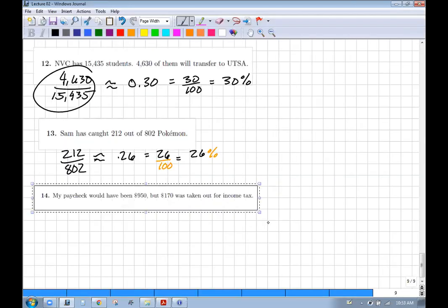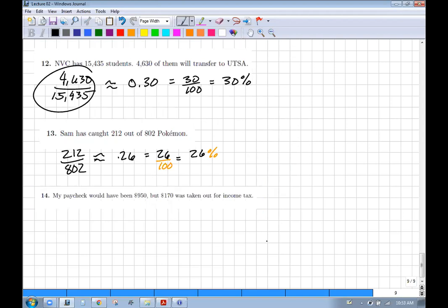My paycheck would have been 950, but 170 was taken out for income tax. So 170 out of 950. So let's see what kind of taxes he's paying. What percentage? 170 divided by 950 is approximately 0.18. So that's 18 out of 100 or 18%. That's a lot of taxes, huh?